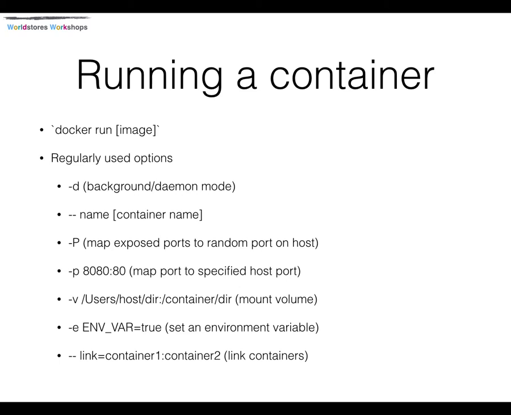What that will do in the Apache PHP container is create a host file entry pointing mysql to the internal IP address of the MySQL container. And that's how it can then utilize the MySQL container on the exposed ports.